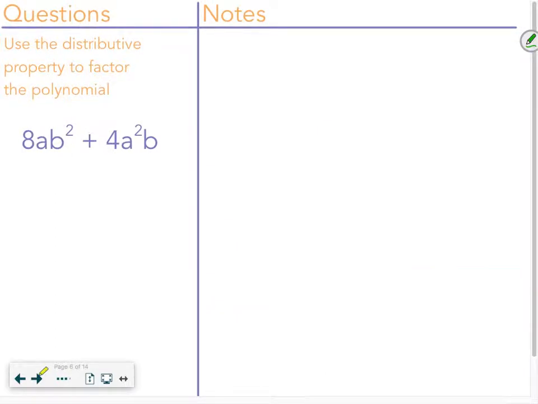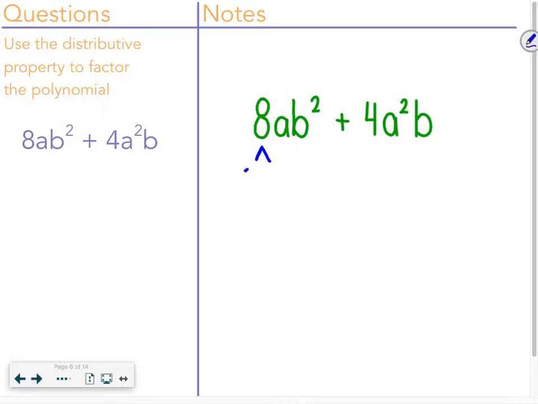Eight ab squared plus 4a squared b. So what can we multiply to make 8? Well, 2 times 4. 2 is prime, 4 is not, so change 4 to 2 and 2.